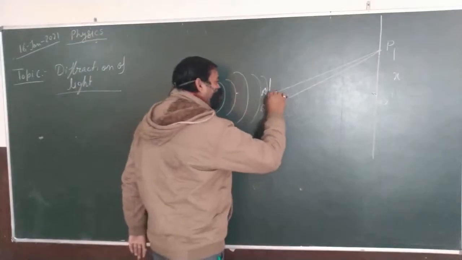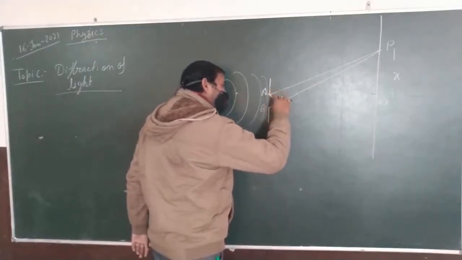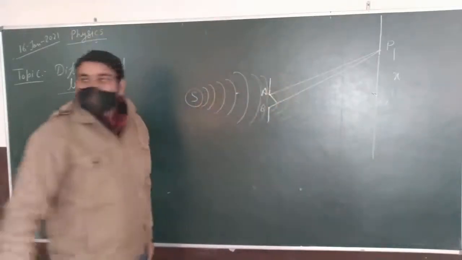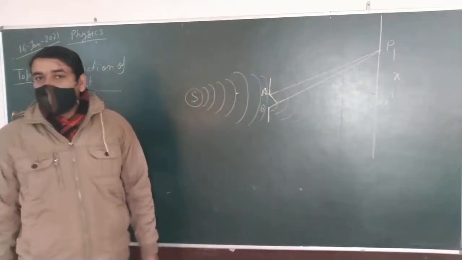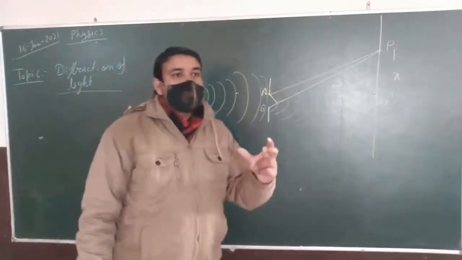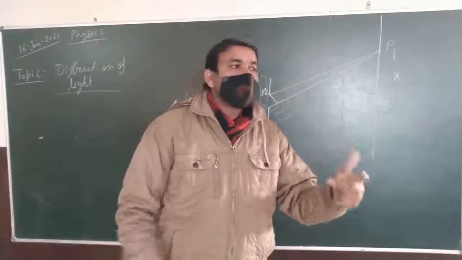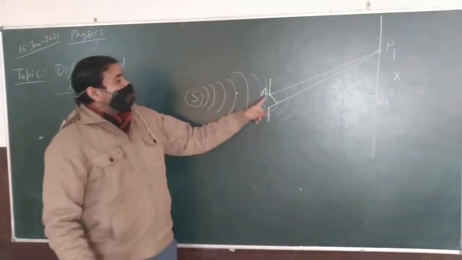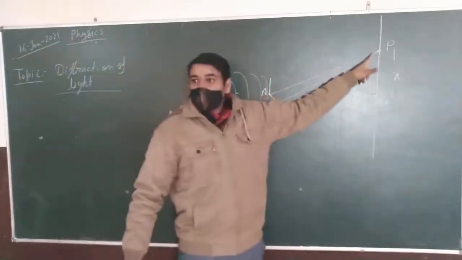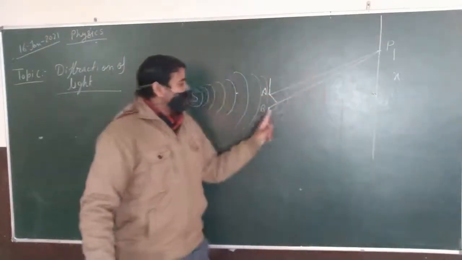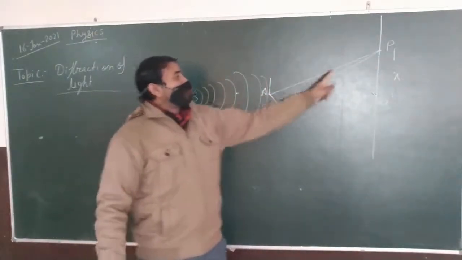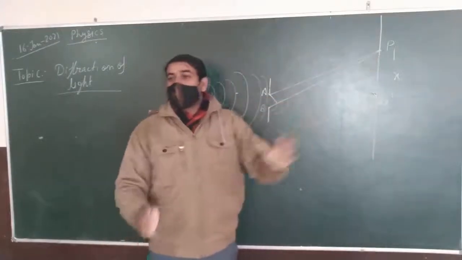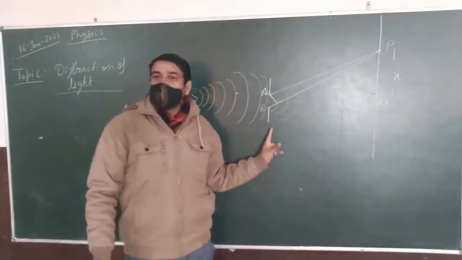If we apply a perpendicular on BP, by geometry, we have two methods to find the distance difference. One, we measure A to P using a scale, or B to P, and then subtract AP from BP.